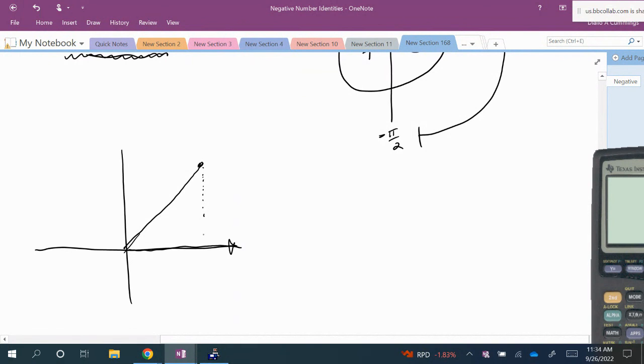I'm going to drop a perpendicular. I believe my pen is going dead. I'm going to drop a perpendicular. All right, we have x, y, and r.